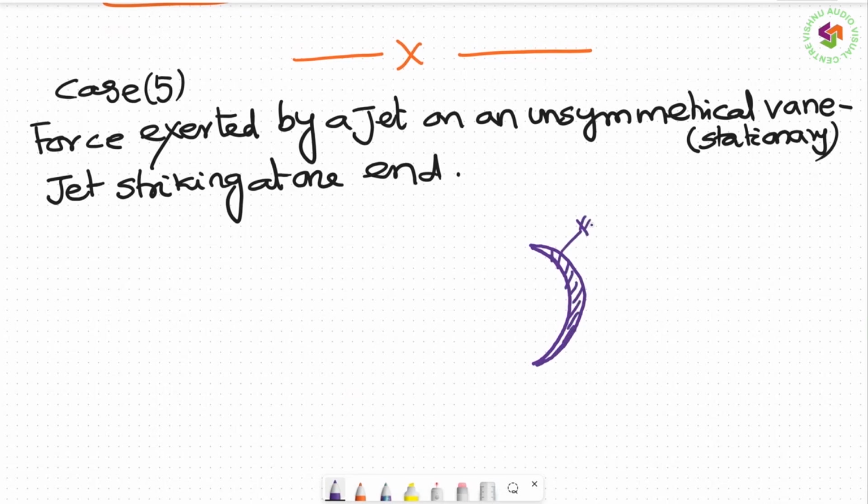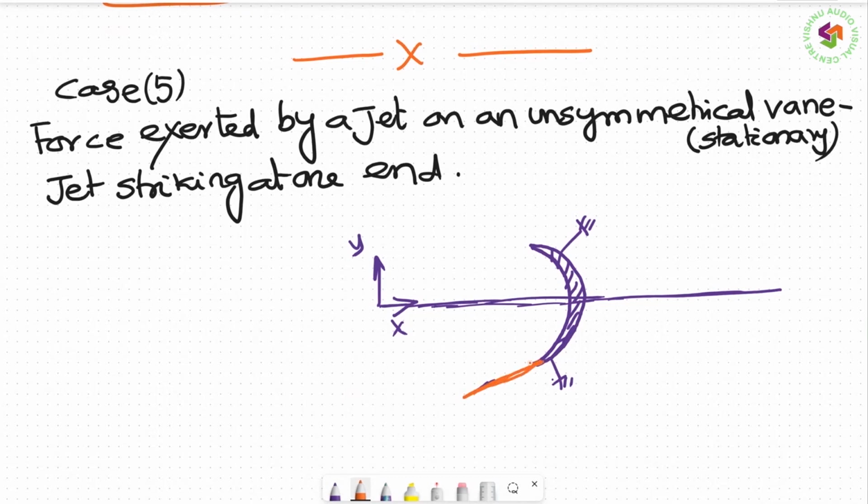So this is fixed. Now the center line, always for me the most important thing is the center line. First you should draw. So this is X, this goes for Y. What is unsymmetrical means now, while putting it you remember that it should be tangential, right?